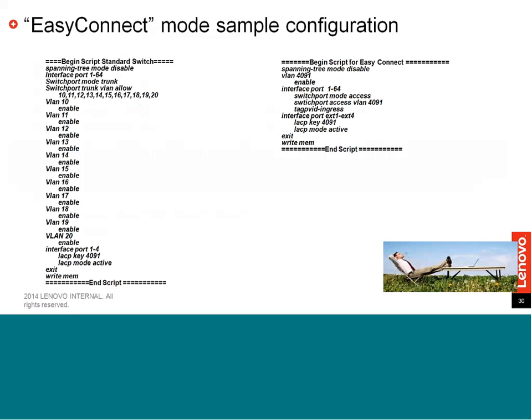So the idea behind Easy Connect is it simplifies the command. What I'm trying to show you on the left side is a standard switch. It happens to be a Lenovo switch. Here I've got switch ports 1 to 64, and I'm going to put all of these VLANs on all of the switch ports.